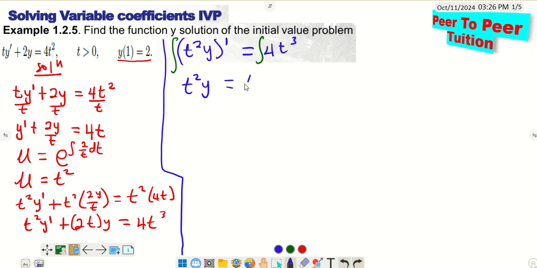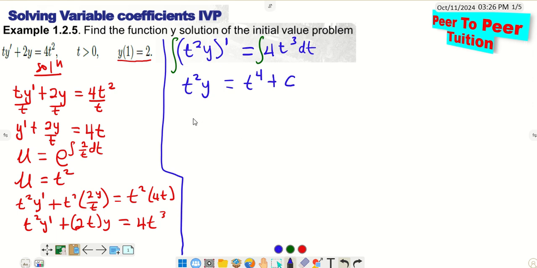So finally we will get t to the power 4 plus the constant c. Remember here, we are to integrate with respect to t. So that is the concept.